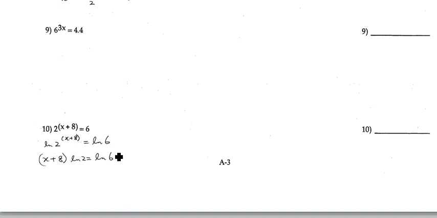You want to get rid of the natural log of 2 on the left side. So what you could do is actually divide both sides by the natural log of 2 first. The natural log of 2 is just a number. And now you are getting very close to having the x by itself. How can you get the x by itself?